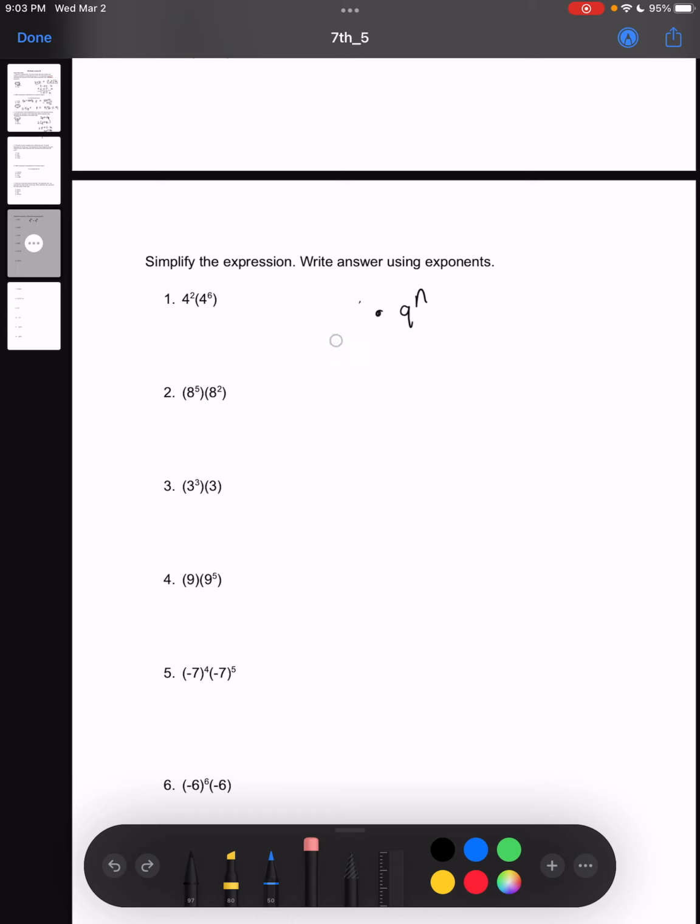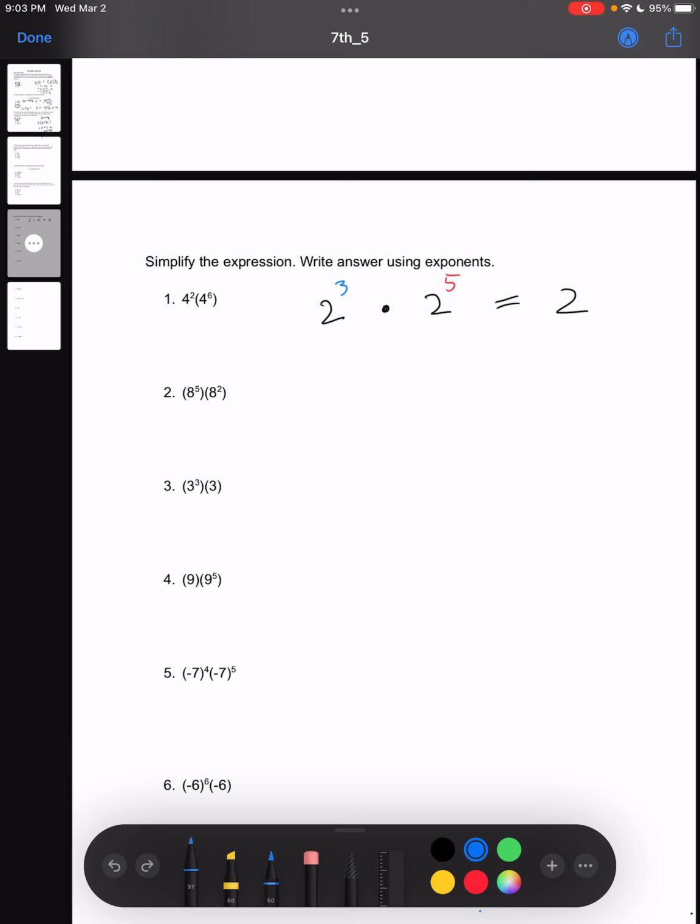So, for an example, say we had 2 to the 3rd power, and we wanted to multiply it with 2 to the 5th power. If both of your base numbers, or 2, are the same, then we can combine these two expressions, and all we need to do is add these two exponent numbers together.